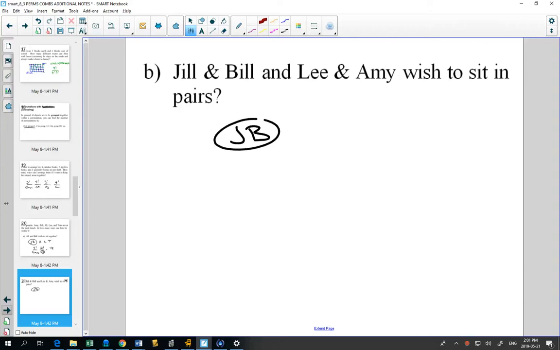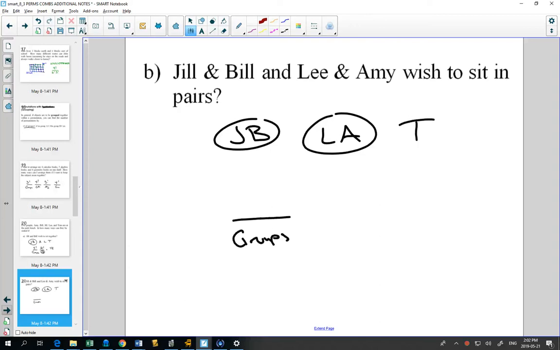Right, we've got the Jill Bill. We've got Lamey. And we've got Tom. So if we do our groups first, now there's 3 groups, which is 3 factorial.